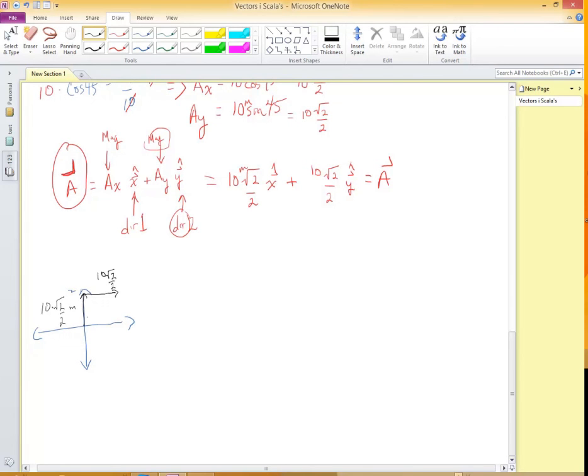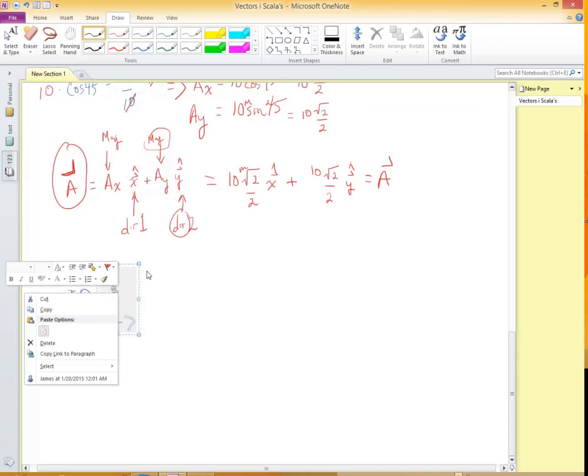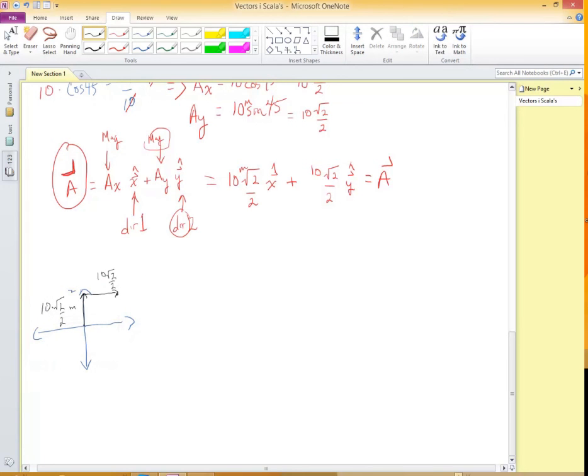We have no idea about this vector right here. But once he gets there, I want him to figure out what his magnitude is from the origin, and what his direction is, or his angle off of x.